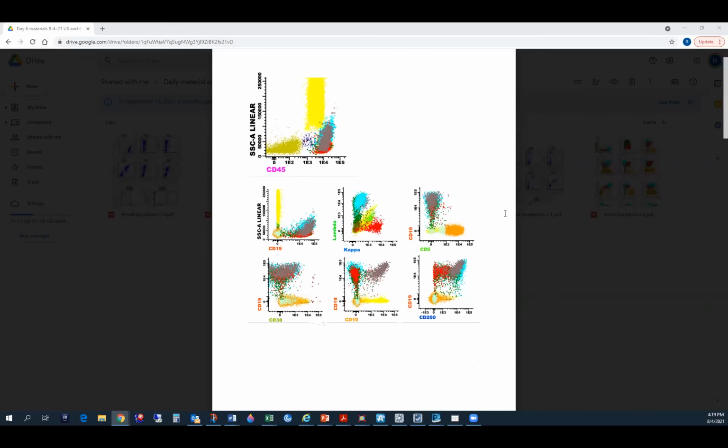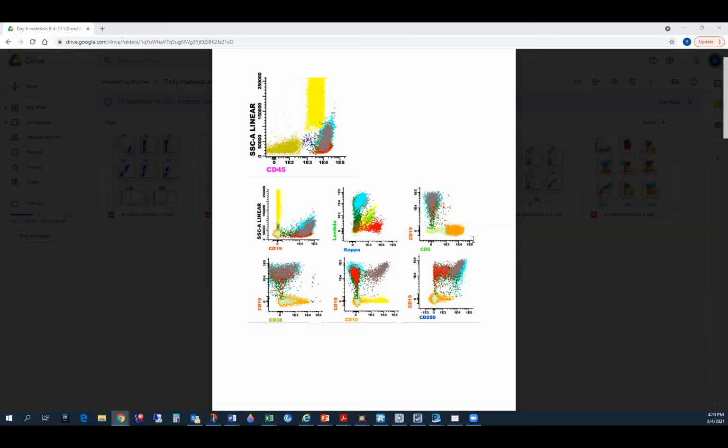Looking at the lymphocyte population, there are CD19 positive. There is a kappa lambda. So there seems to be polyclonal, like half of them lambda positive, half kappa. In CD5 versus side scatter, I can see the orange are, I'm assuming, T cells.